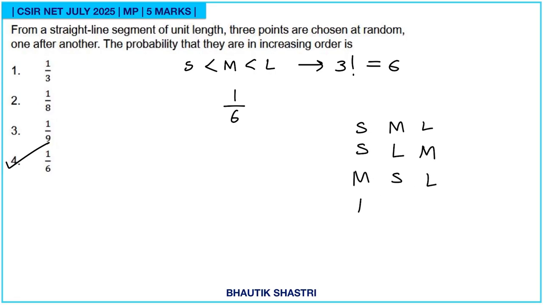So all these combinations are possible. So out of these 6 combinations, only in this configuration the points are chosen in increasing order.